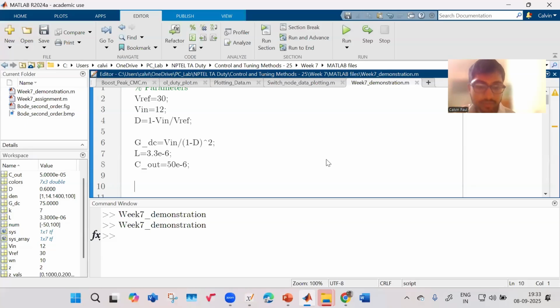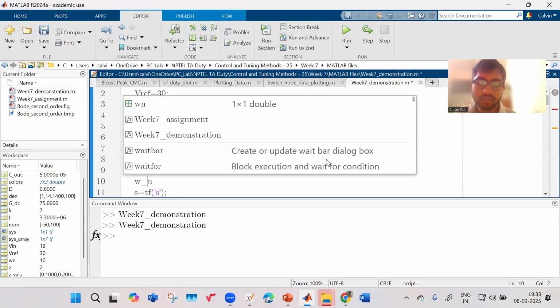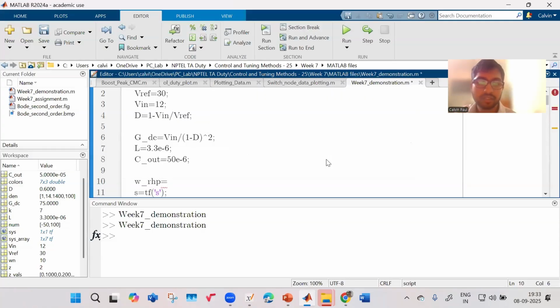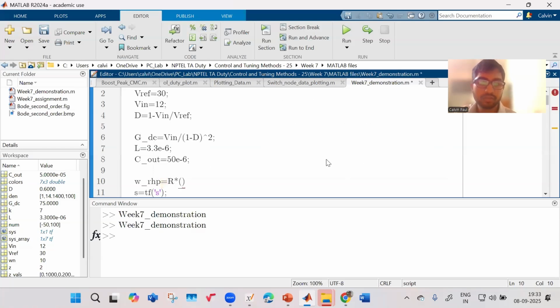We have G underscore V. Let us define the transfer function s is equal to tf of s. GVD is equal to G underscore DC. We define omega RHP as R into (1 minus D) squared by L, or let me take it as 30.